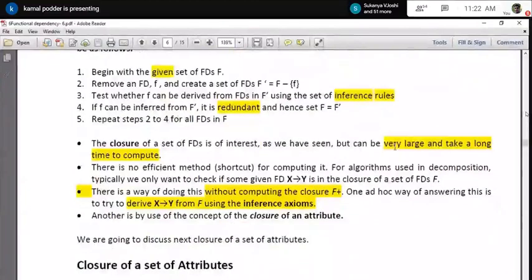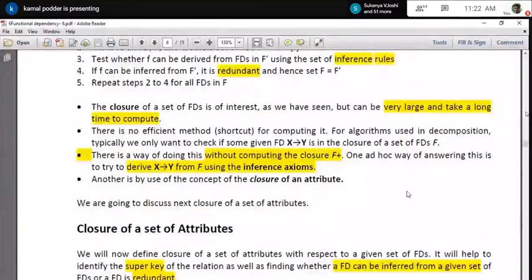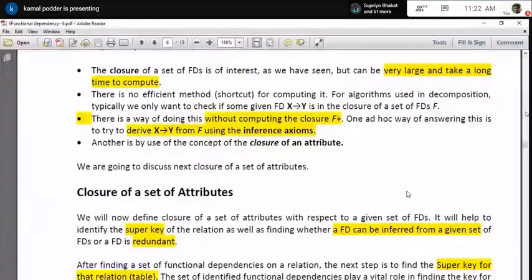The idea is that we have to find the closure of the set of FDs of interest, and only then can we find out whether a particular FD holds in the relation or not. At the same time, if you have any redundant FD, you can remove it, as we have seen, but the closure can be very large and take a long time to compute.